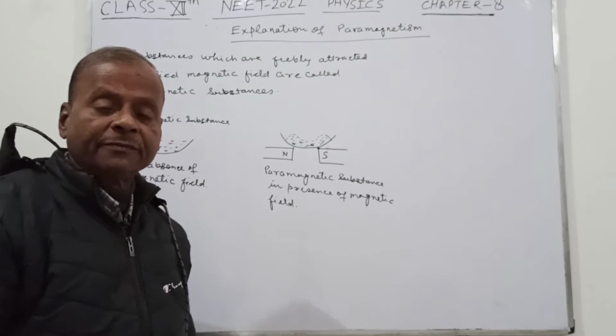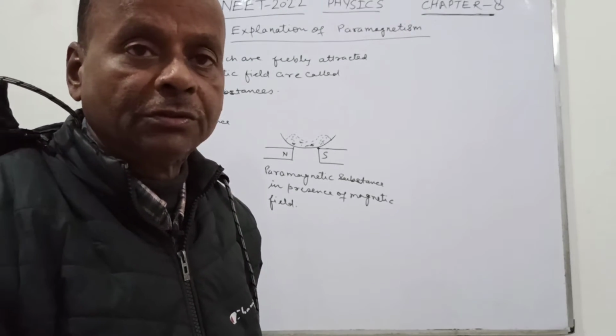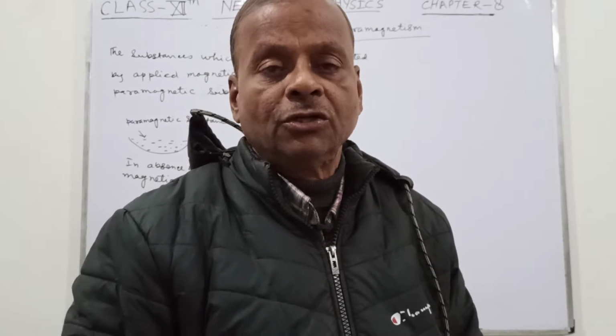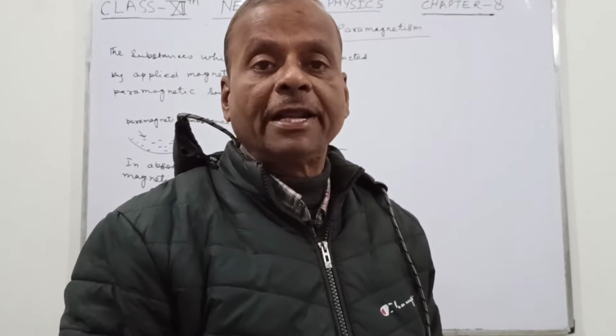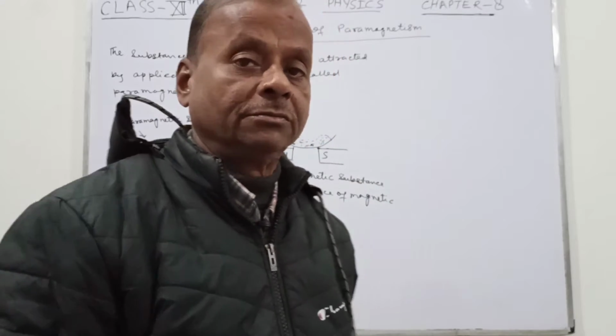Now this paramagnetism is exhibited by those materials whose atom contains one electron in the outermost orbit.